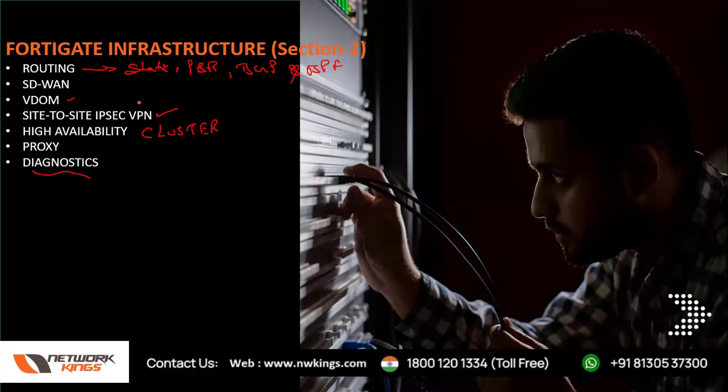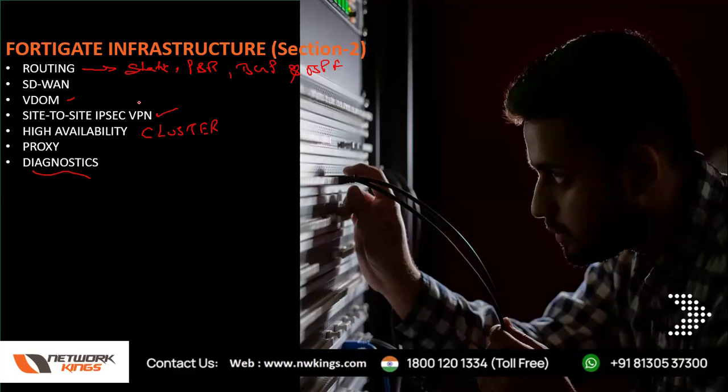So if I only tell you about an NSE 4, that means I only have to tell you what these concepts are and how you can configure them. That's all. Okay. But the question of how these function, NSE 4 will never address, because it does not ask you to know what is going on behind the scenes.